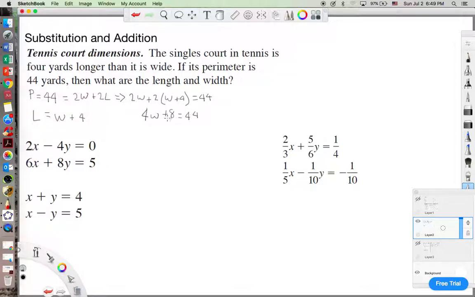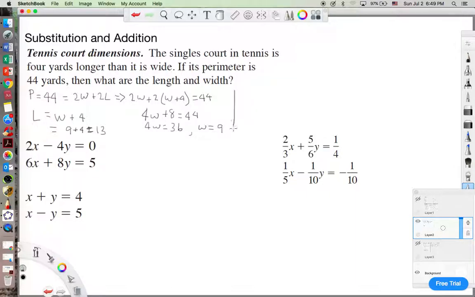We'll subtract 8 and we'll get 4W is equal to 44 minus 8, or 36. Divide both sides by 4 and we get W is equal to 9. Okay. If W equals 9, then L is equal to W plus 4, which is equal to 13.